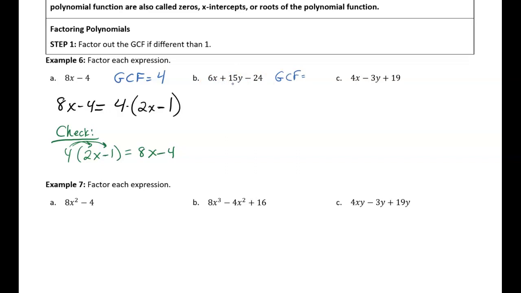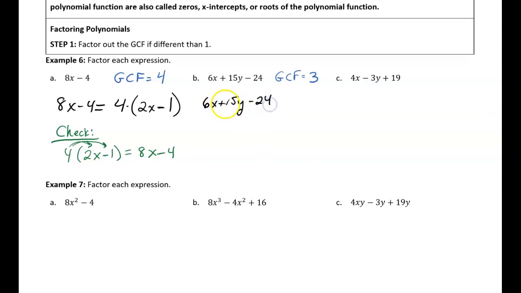Without doing my trees, though, just looking at my numbers, I can say that 3 goes into 6, 3 goes into 15, 3 goes into negative 24. So with experience, you can kind of see these GCFs a little bit quicker as you work, right? But if you need those factor trees, continue to do them.